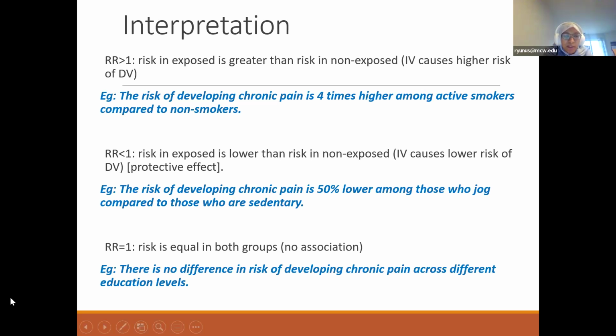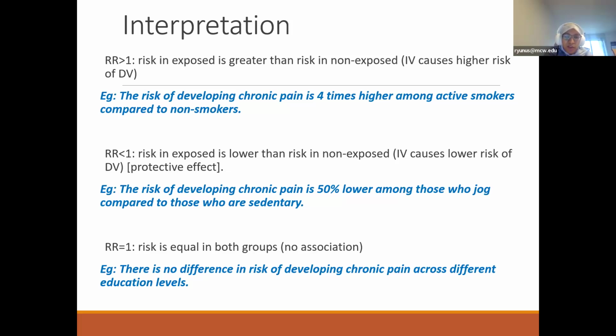If relative risk, let's look at the last one first. If your relative risk is 1, that means the risk is equal in both groups. So there's no association. For instance, if you're looking at the relationship between education level and chronic pain, and you conduct a prospective cohort study, and you get 1, then you can safely say that there's no difference in risk of developing chronic pain across different education level.